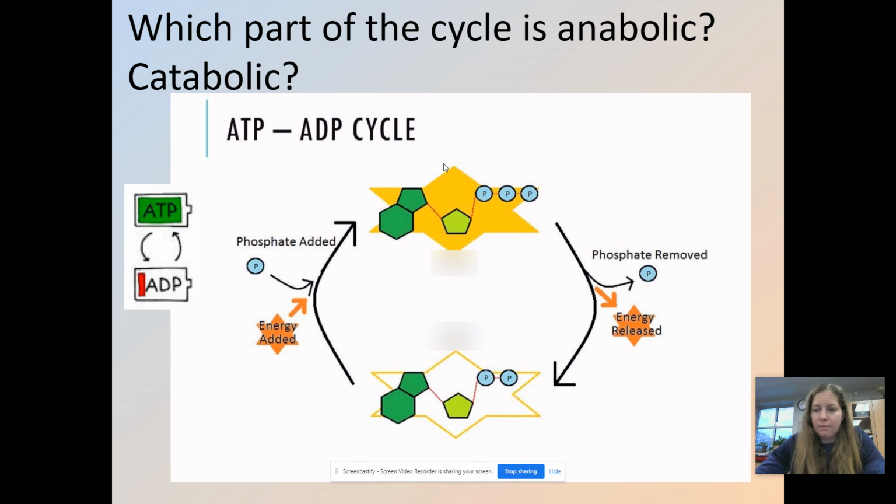Which part is catabolic? And keep in mind, we are breaking off a smaller piece here. This is a hydrolysis reaction, and so that is going to be catabolic, right? On the flip side, when we add that phosphate back on, we're again making the molecule larger, more complex. That's going to be anabolic.